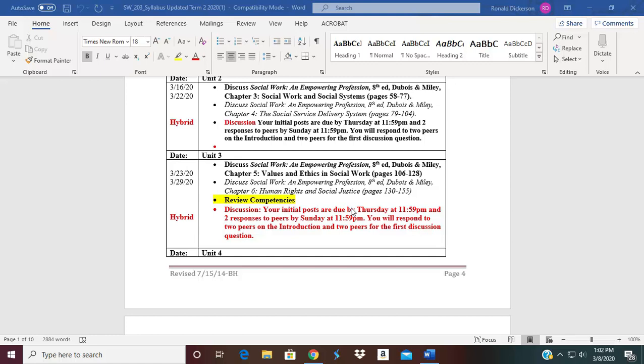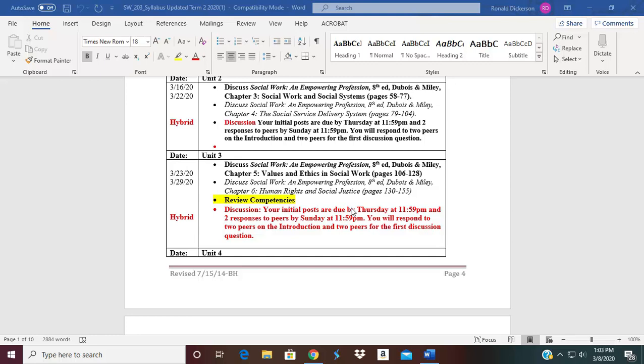Everywhere you see a need to review competencies, you need to read the competencies for that particular chapter. The whole thing about social work is having an understanding of the competencies incorporated under CSWE. So social workers should always know what competencies they're working with within those chapters.